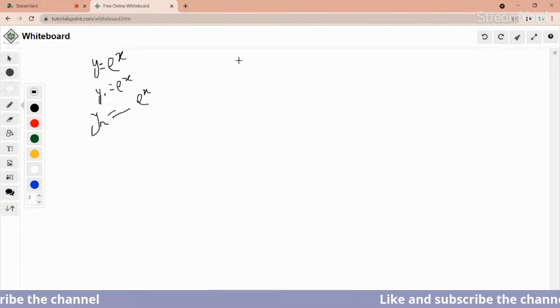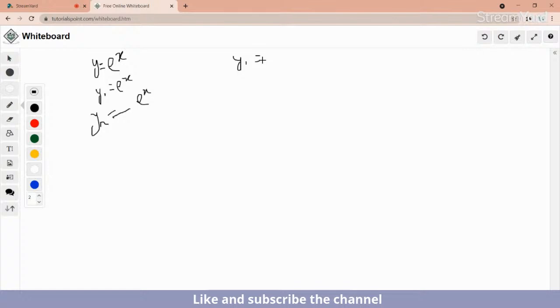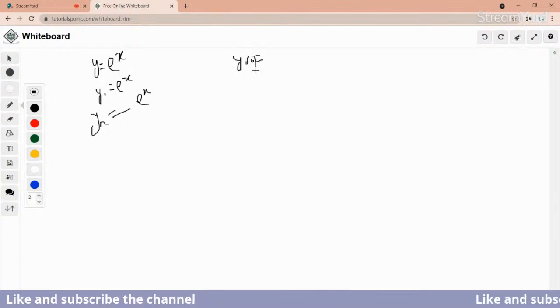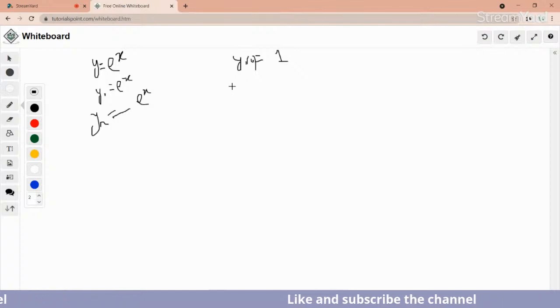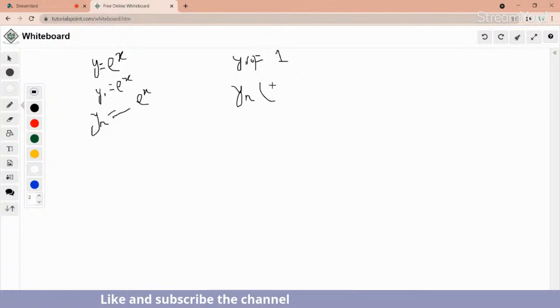Now the value of y0 will be 1. When anything to the power 0 is always 1, and the value is always e to the power x, so no matter how many times you put 0, it will be 1 only.